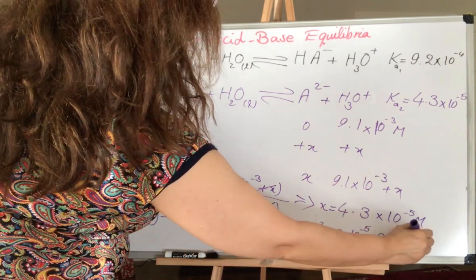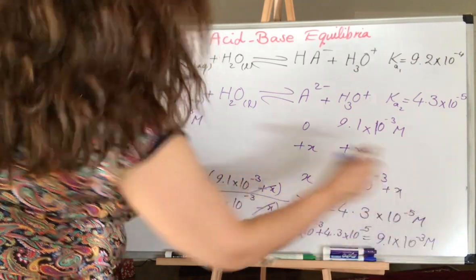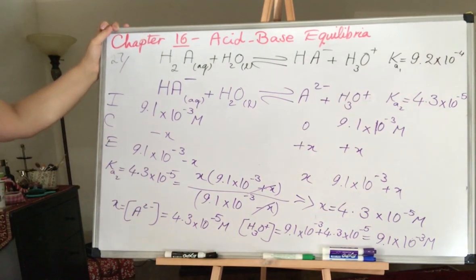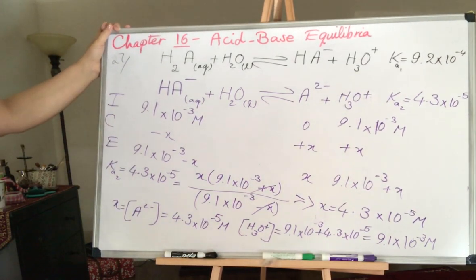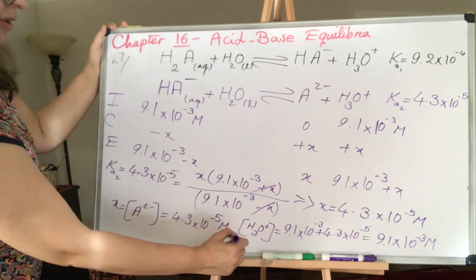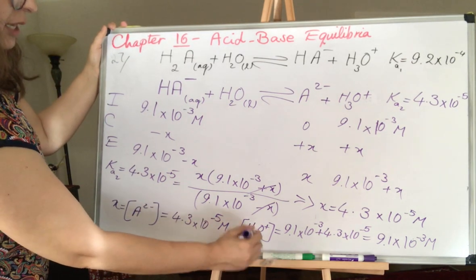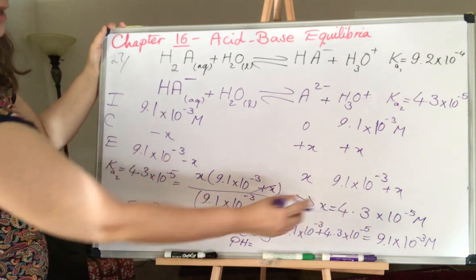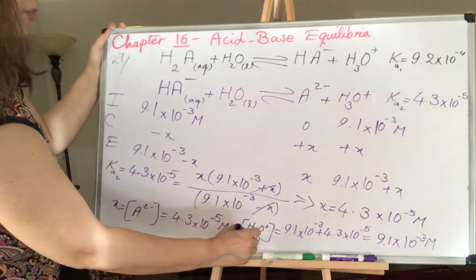So your assumption was valid. And the same for HA. So from here you can find your pH: negative log of 9.1 times 10 to negative 3, which is 2.04.